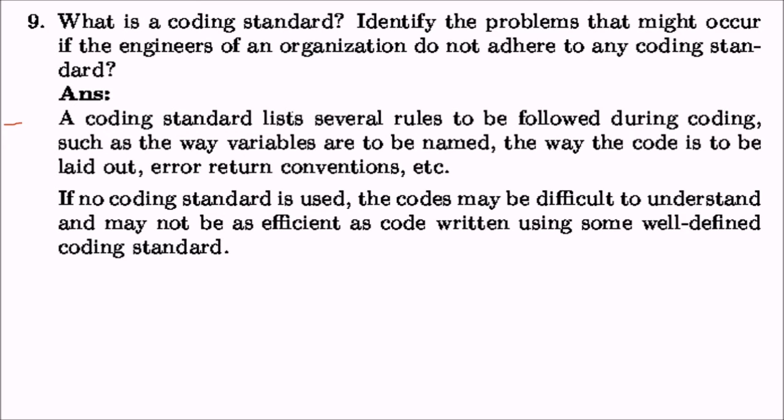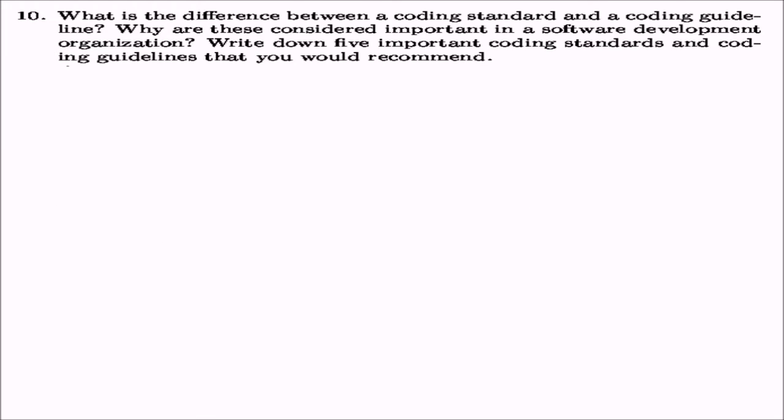The coding standard lists several rules that need to be followed during coding, such as how to name a variable, how the code should be laid out, and what the error return conventions should be, whether it should be +1, -1, and in which case it should come. If no coding standard is adopted, the code may be difficult to understand and of course may not be efficient, as code written using well-defined coding standards is more efficient.